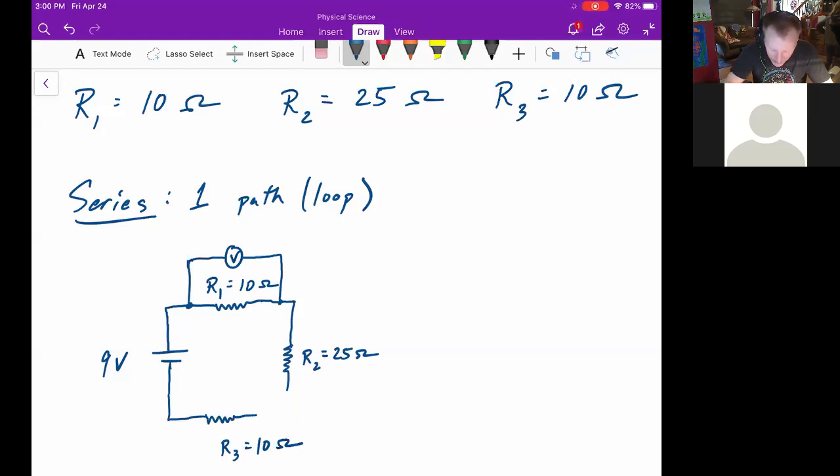So there's my R3, and then an ammeter is an A with a circle in it. Okay, and so this is a circuit that's showing 3 resistors measuring 10, 25, and 10 ohms, 1 battery that's 9 volts, and both a voltmeter measuring resistor 1 and an ammeter measuring the current right before resistor 3.